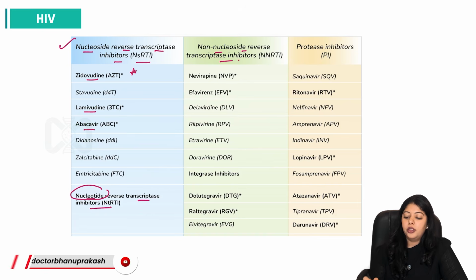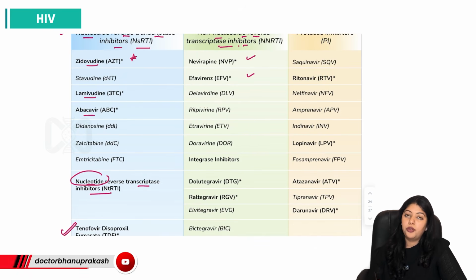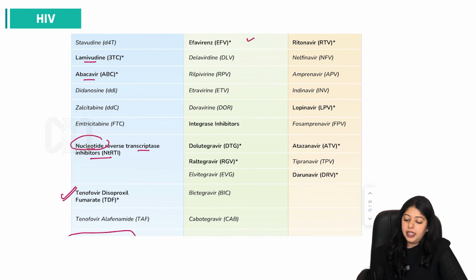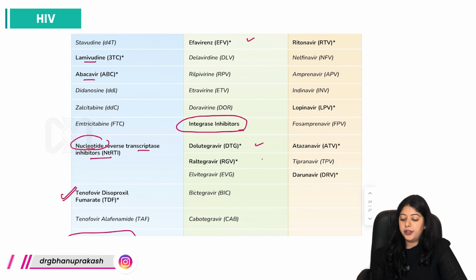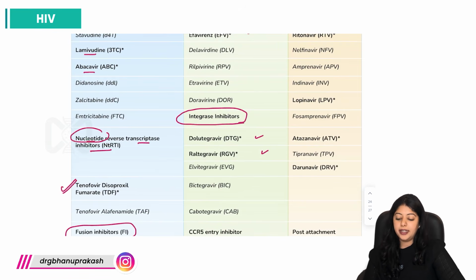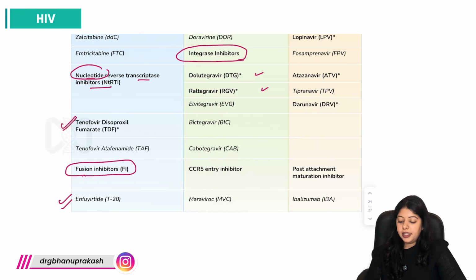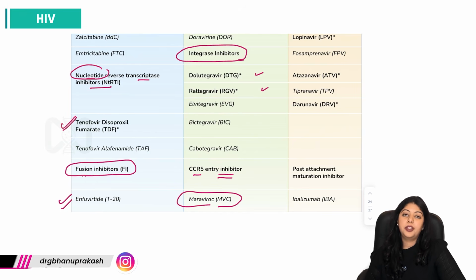Coming to the non-nucleoside reverse transcriptase inhibitors, these include nevirapine and efavirenz. These are the most important ones. Then the integrase inhibitors include dolutegravir and raltegravir, included in the NACO guidelines. Then the CCR5 entry inhibitor is maraviroc, right?